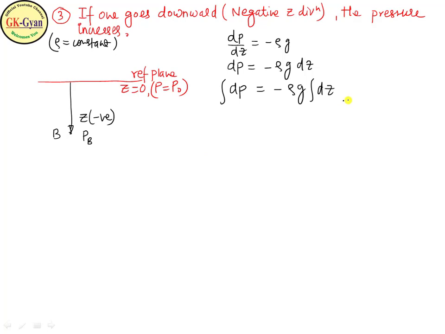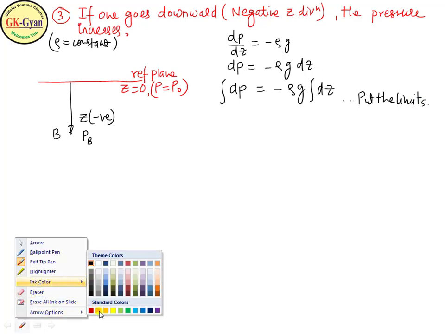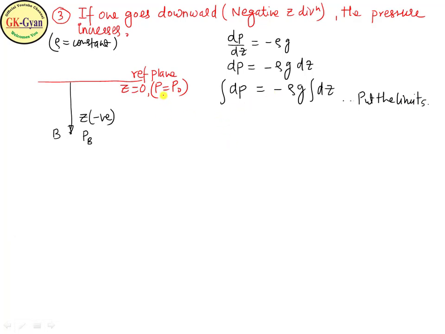Now put the limits on the integral. What are the limits? Pressure changes from P0 to Pb, because at this point the pressure will be P0 and at this point the pressure will be Pb. So P0 to Pb. Now for z, the integral of dz will be from 0 to minus z.